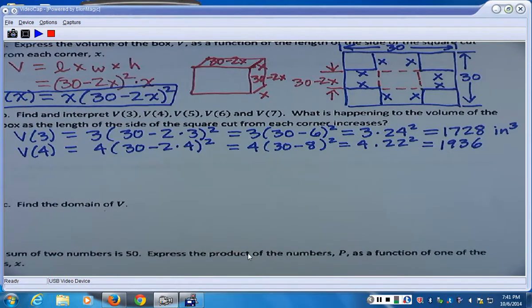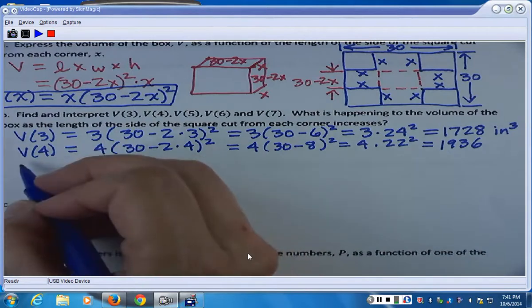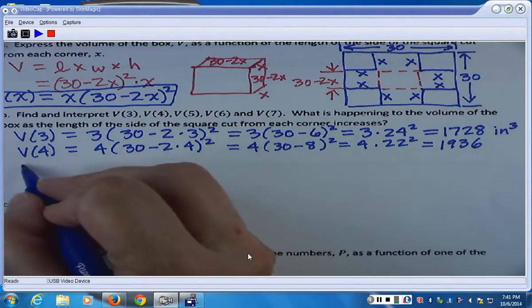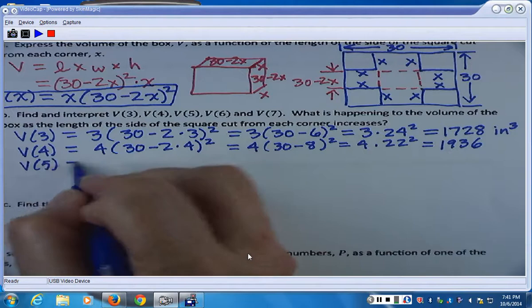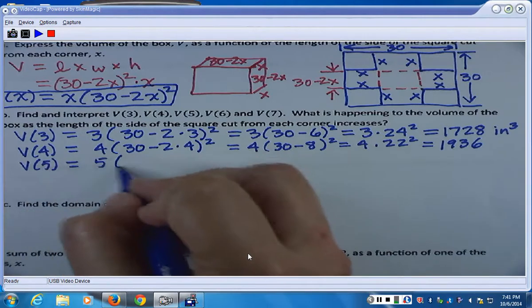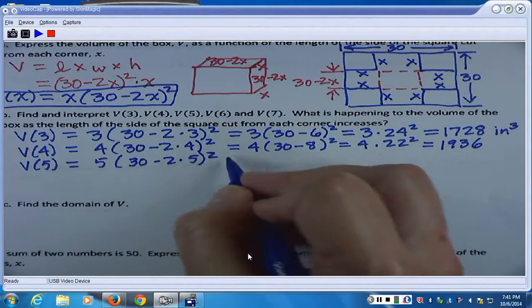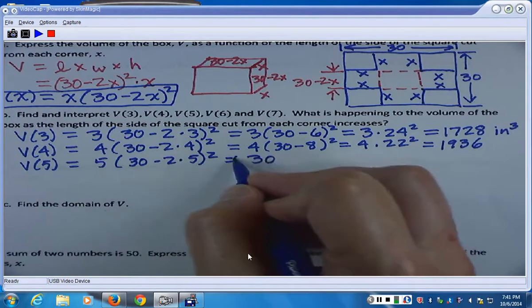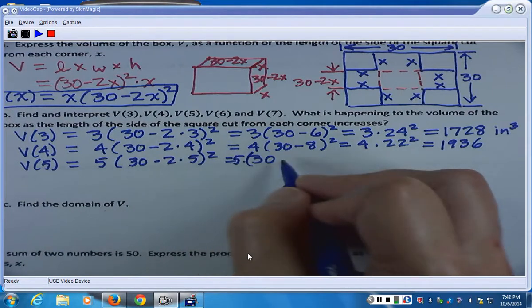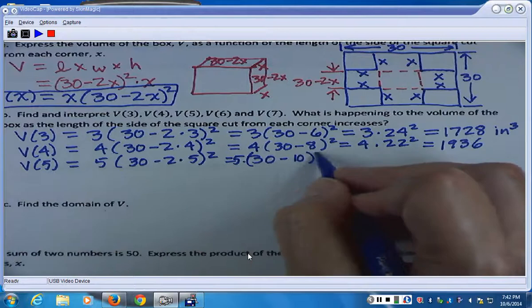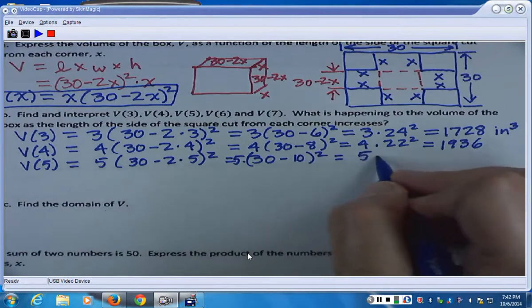Okay, let's do the next one. What about when we cut off 5 inches? 5 times 30 minus 2 times 5 is 30 minus 10. 5 times 30 minus 10 is 5 times 20 squared.